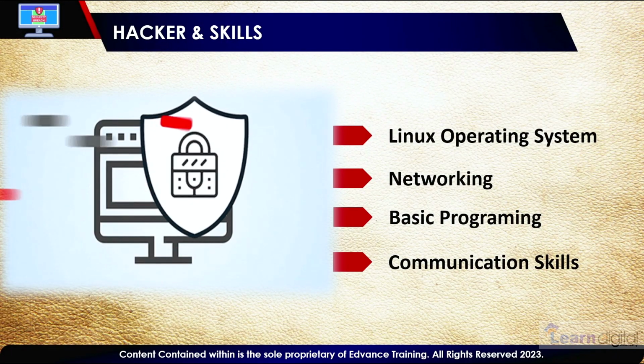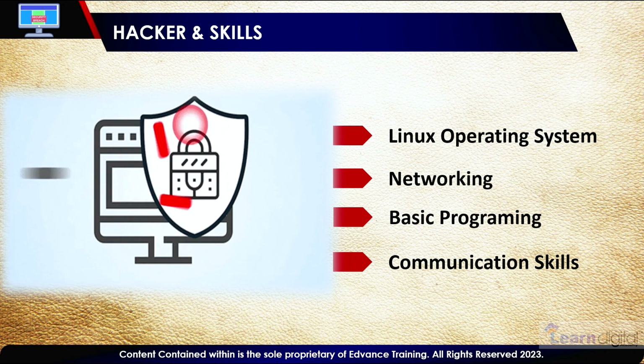If you want to become a cyber professional, or an ethical hacker or professional hacker, you should have these qualities. You should have Linux operating system knowledge, by which you can run multiple commands, manage permissions, and create or manage users or groups and many other things based on the Linux operating system. The next is networking.